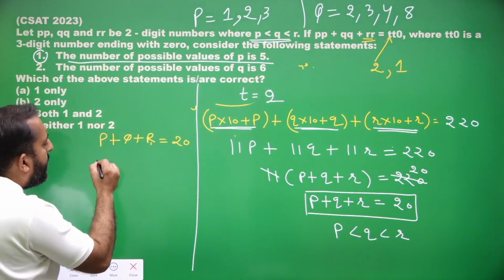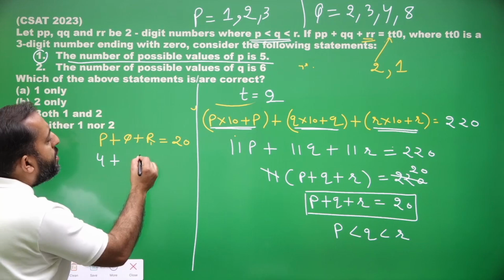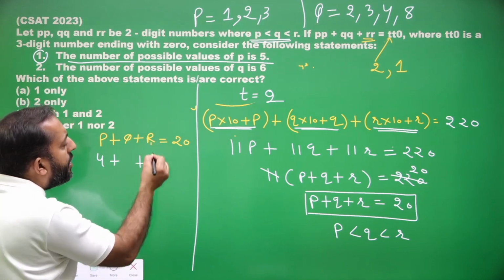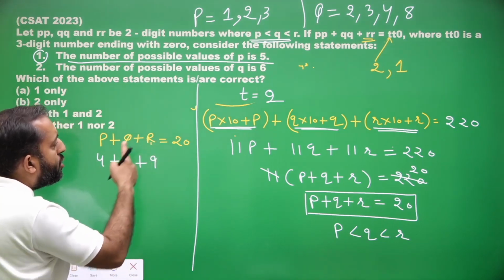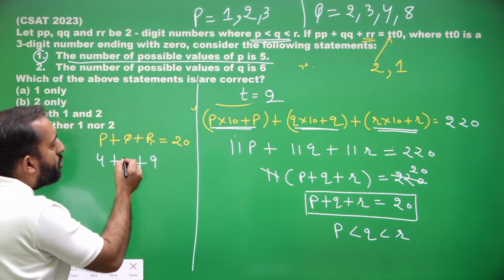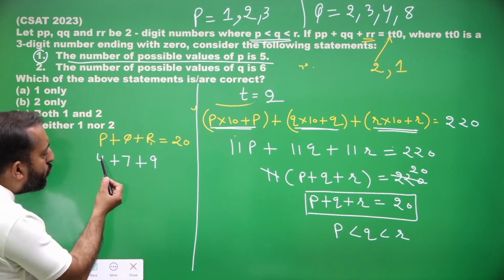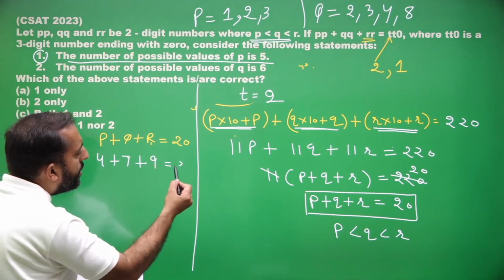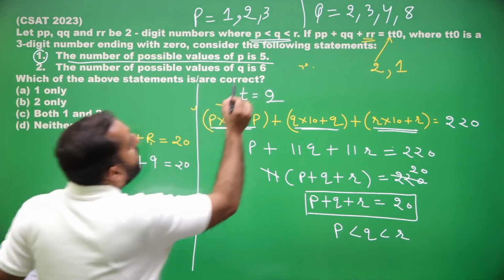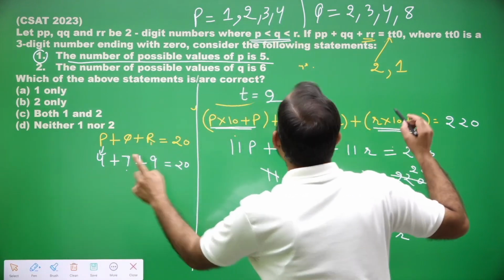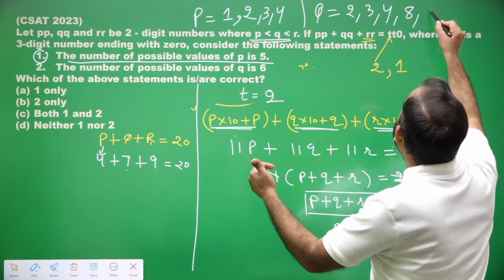Now, let's assume P is 4. If P is 4 and the maximum value that R can take is 9, then Q can take 7 as a value because 4 plus 7 is 11, plus 9 is 20. So one more value that P can consider is 4, and one more value that Q can consider is 7.